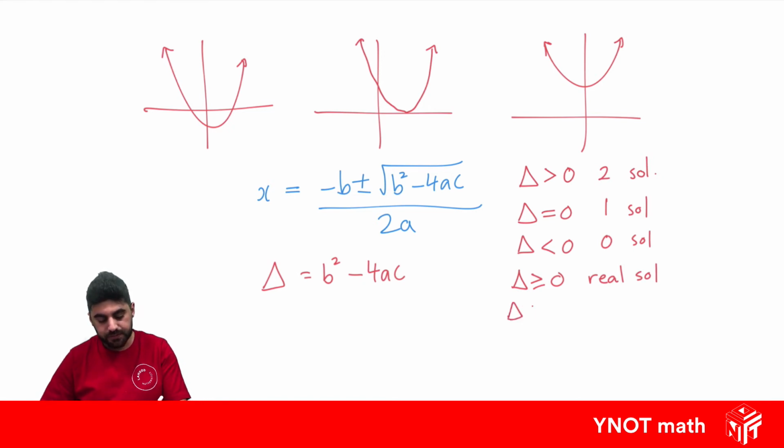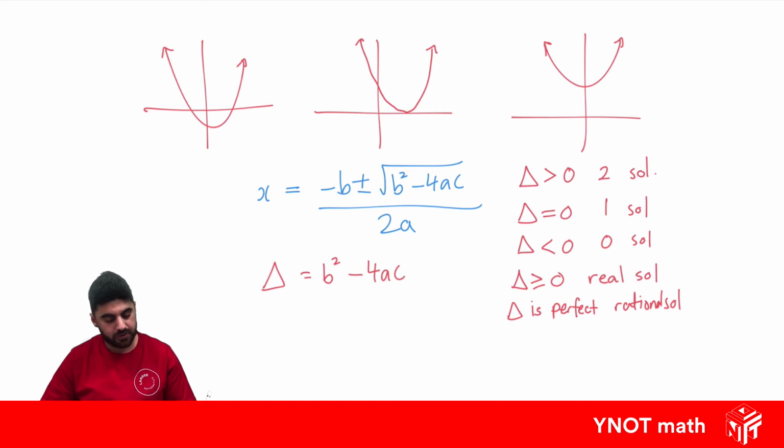If delta is a perfect square, we get rational solutions. So think about it, rational. If inside here we have a perfect square and we square root it, we get nice numbers.